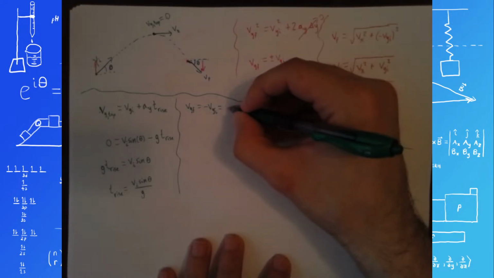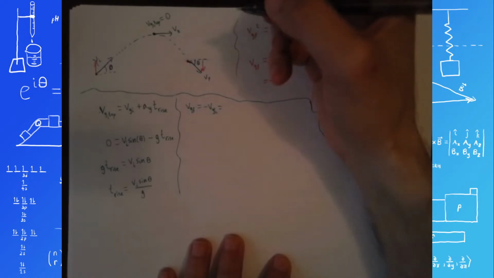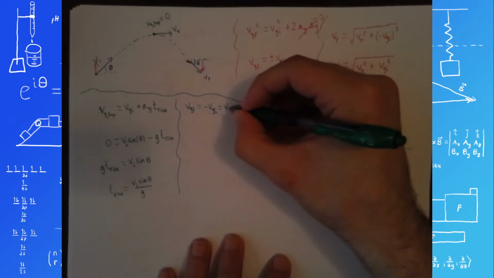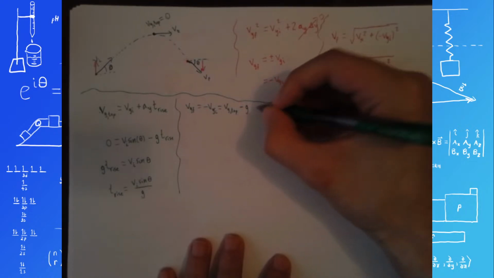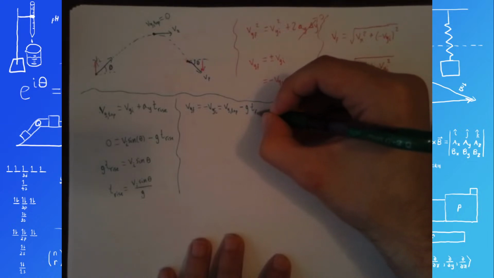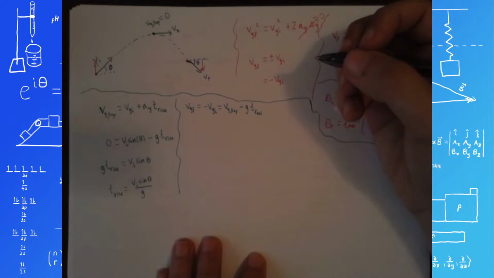We're going to start from the top and go to the bottom this time, so we'll start from Vy top, and then that's going to be minus g t fall.